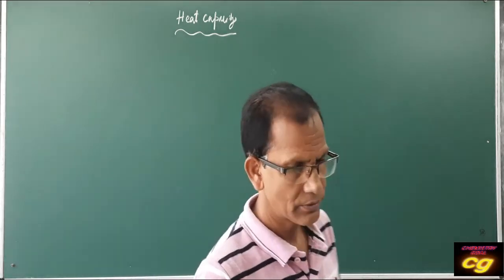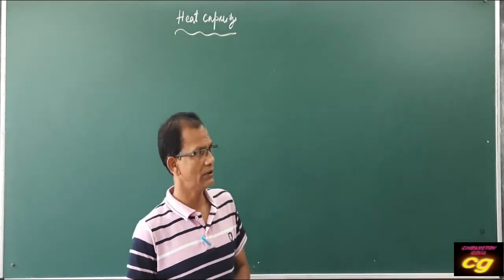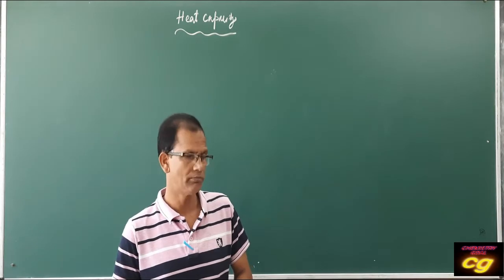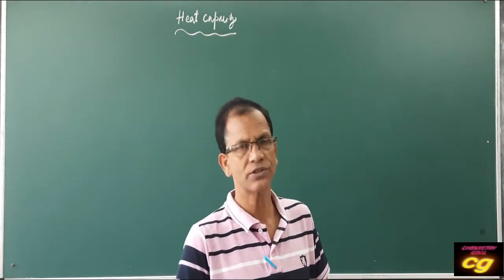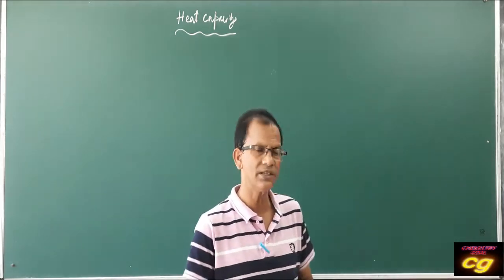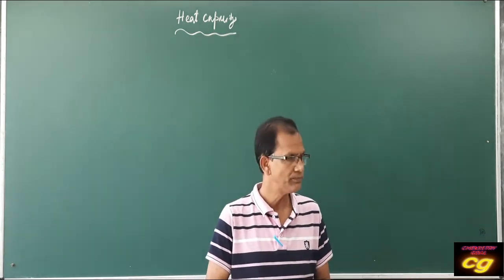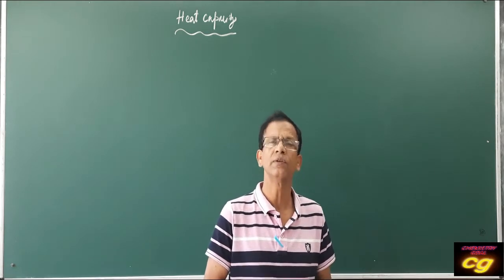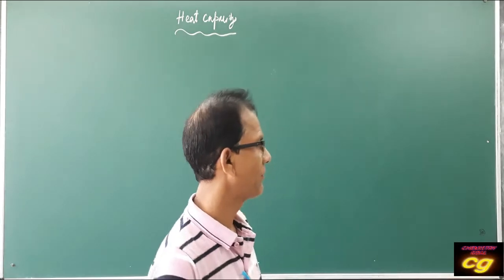Hello students, we have been discussing the heat change of a system under specific conditions, at constant pressure and at constant volume. Already we have discussed that when heat change takes place at constant pressure, that is called enthalpy, and heat change for a system at constant volume is called internal energy.